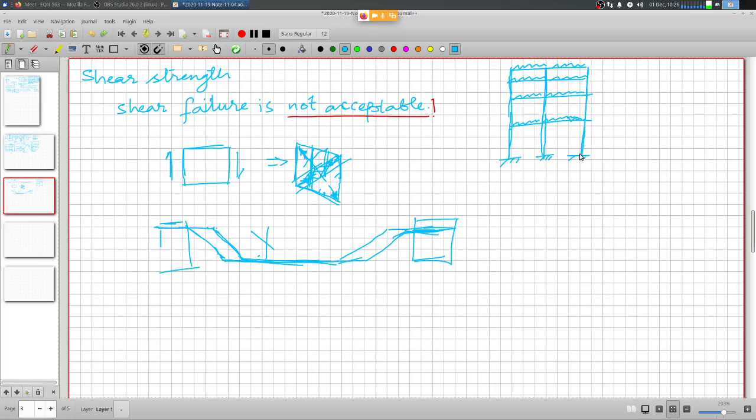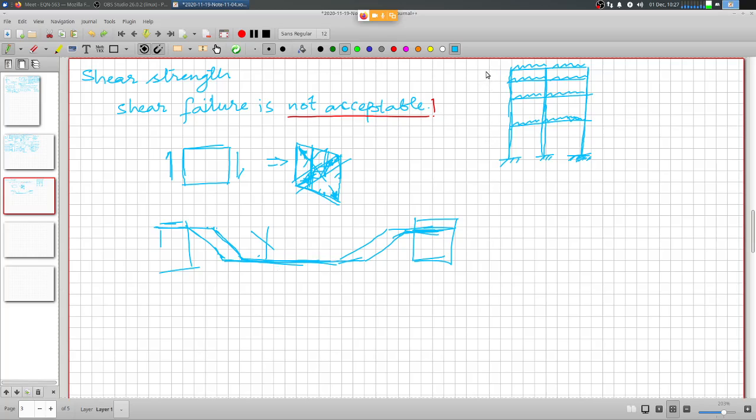So dead load plus imposed load; even if you remove the live load, the change in live load contribution is not really that significant to affect the direction of the force, the direction of the action.